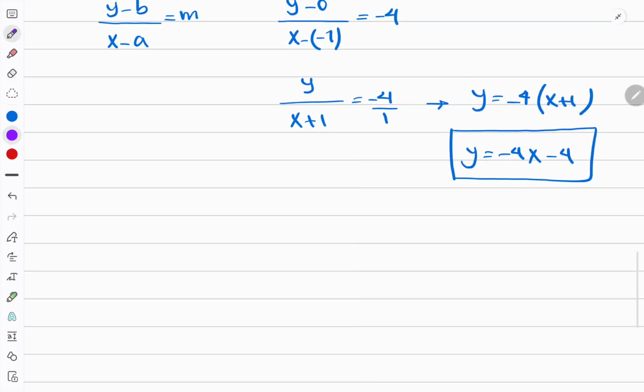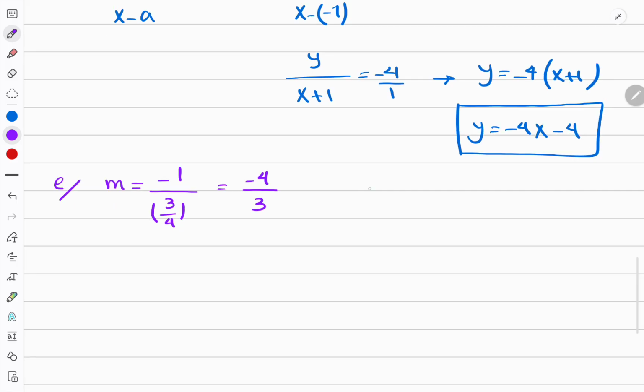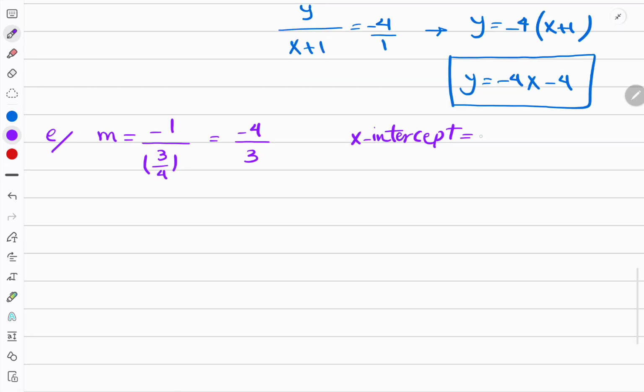So for part E, the gradient is negative reciprocal of 3/4, which is negative 4/3. And the x-intercept was 5. In fact, this is a point with coordinates 5 and 0.